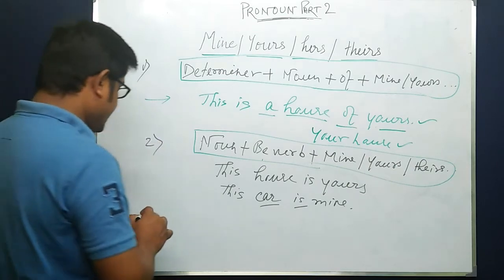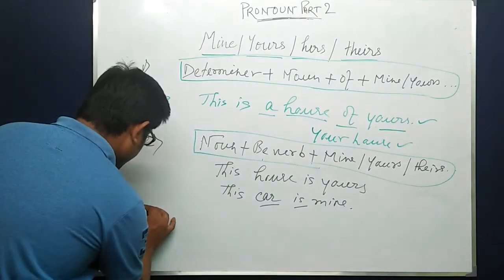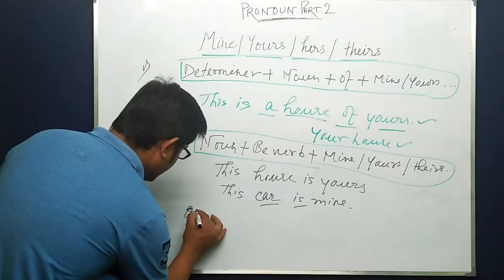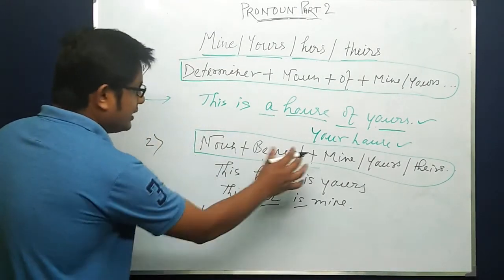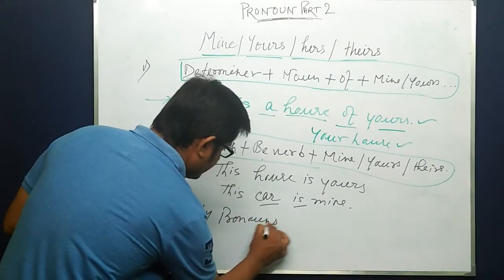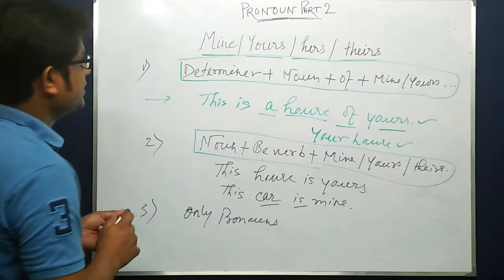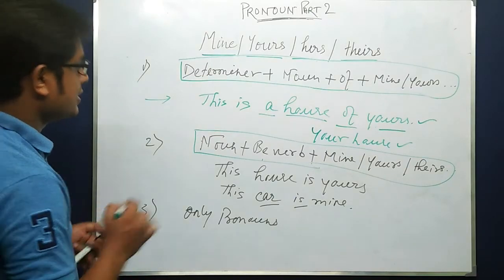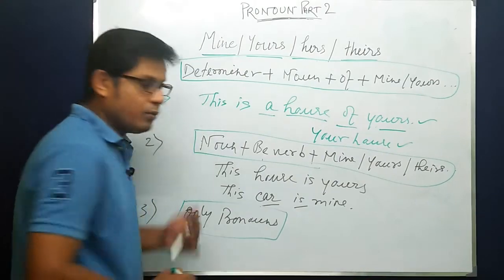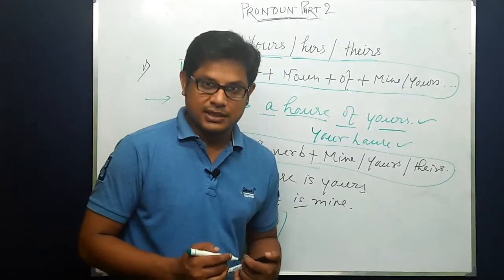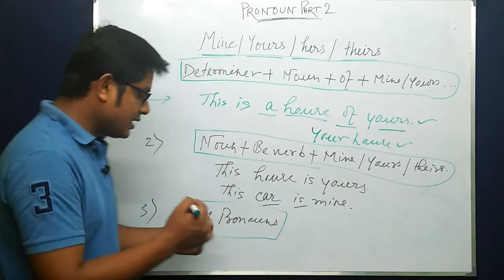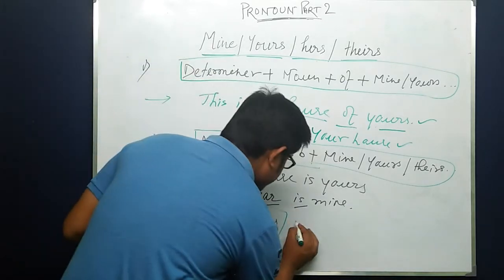And number three, there is another way of using it. Suppose you just use only these pronouns, mine, yours, hers, theirs, whatever. When any question is asked and you want to give a brief answer, you can use only pronouns. How? Let me tell you with this sentence.